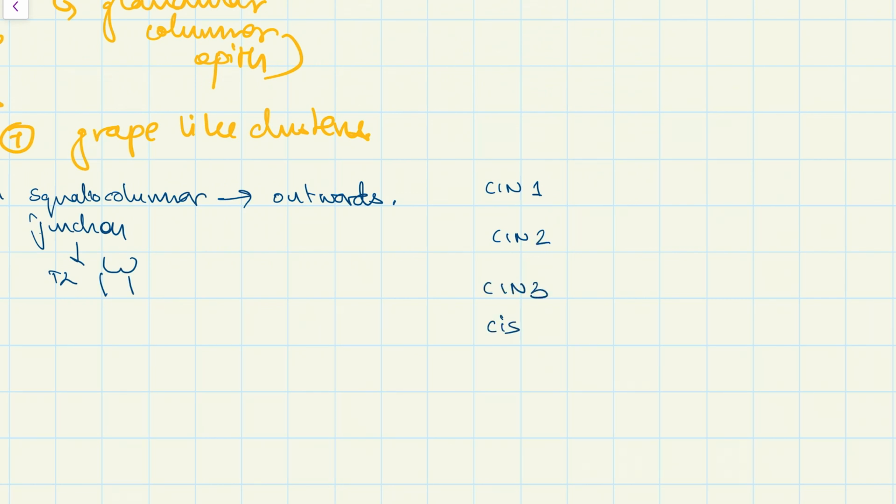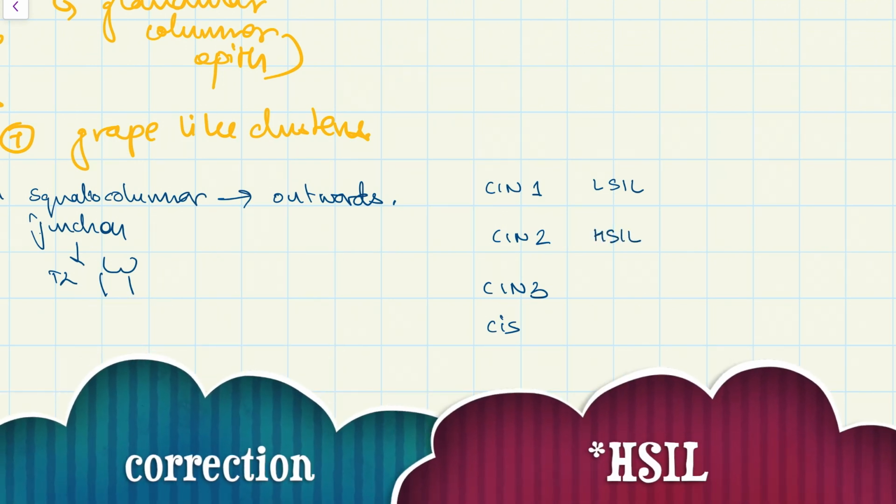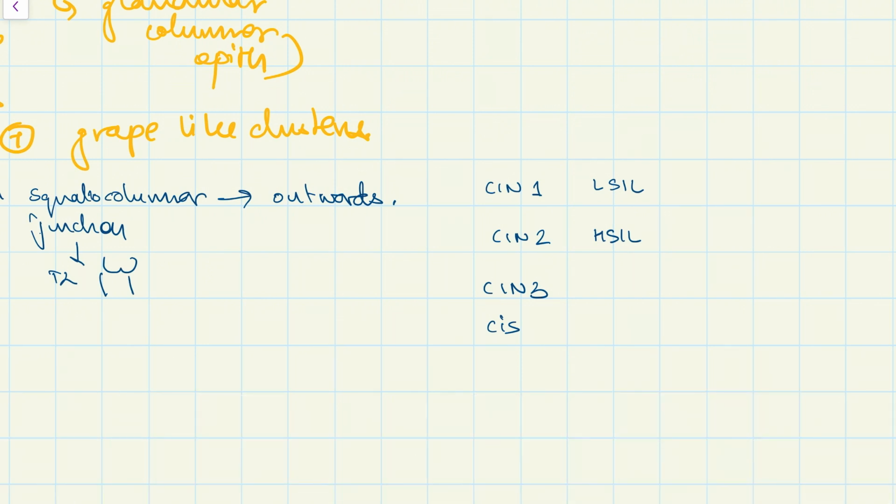According to the Bethesda classification, CIN 1 is LSIL, while CIN 2 onwards is HSIL. This is Bethesda. Then CIN 1 is mild dysplasia, CIN 2 is moderate dysplasia and CIN 3 is severe dysplasia.